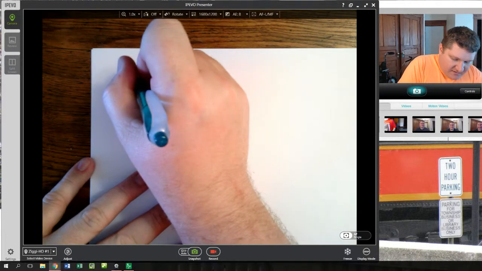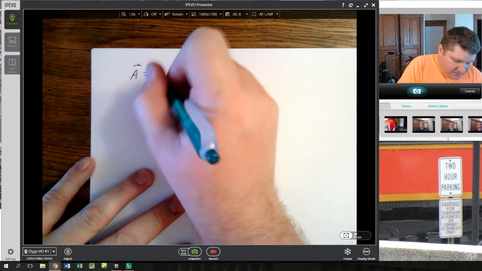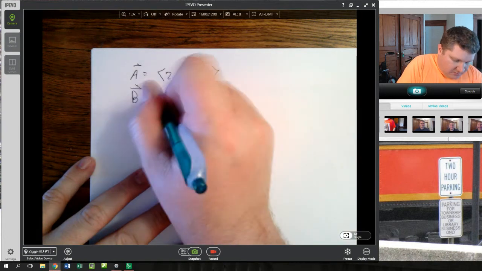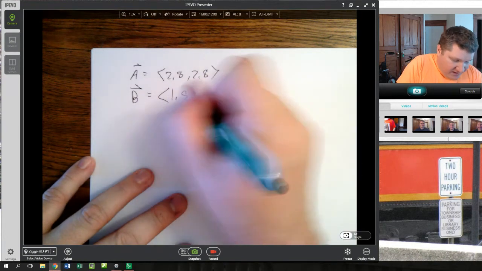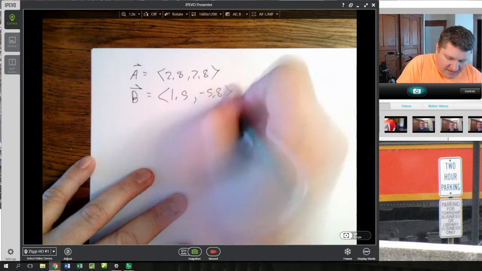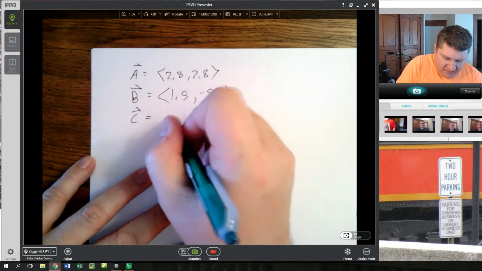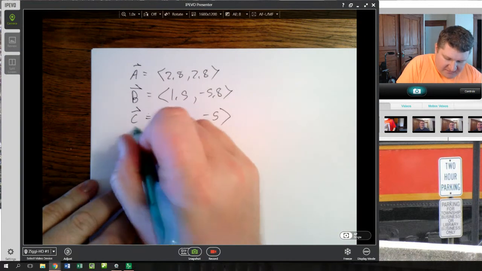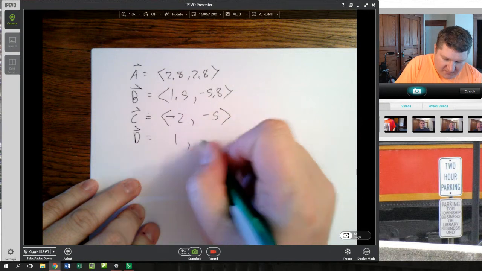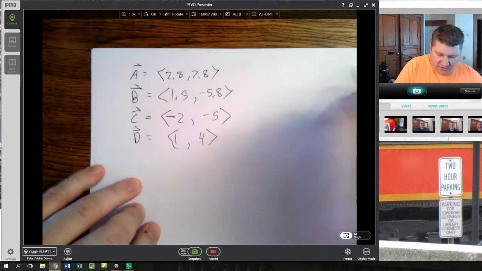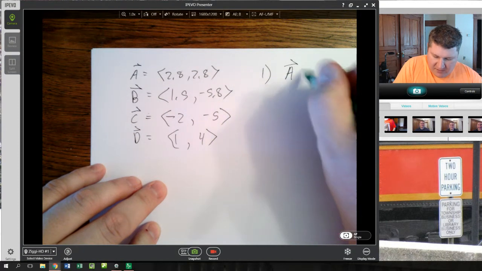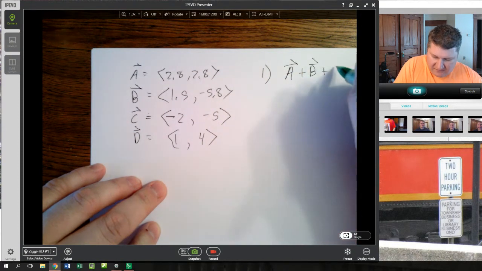If I have a equals 2.8 comma 2.8, b equals 1.5 comma negative 5.8, and c equals some other vector, negative 2 comma negative 5, and d, the vector, equals 1 comma 4, I could do all sorts of things. Problem number 1, a plus b plus c minus d.